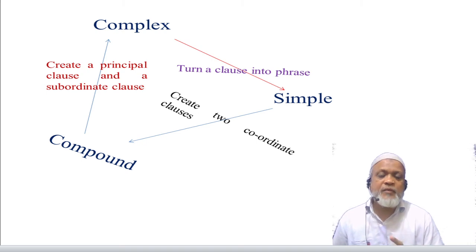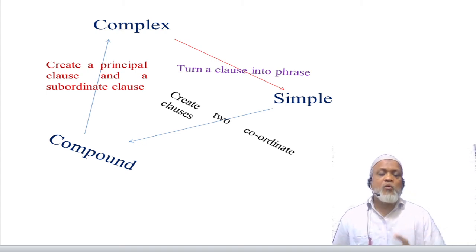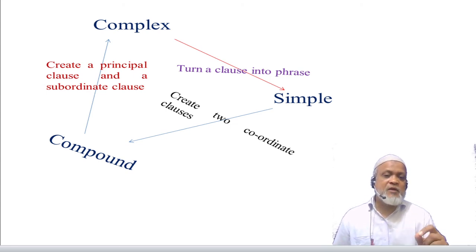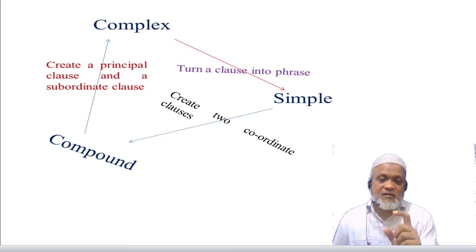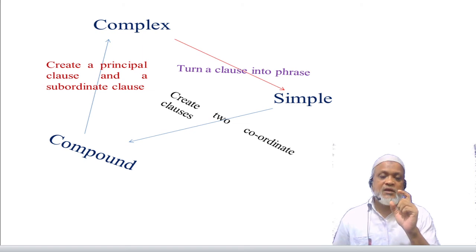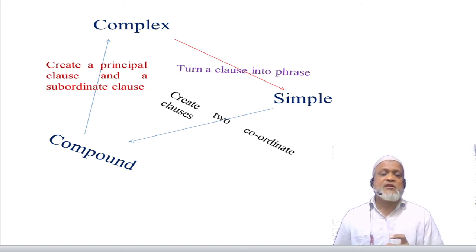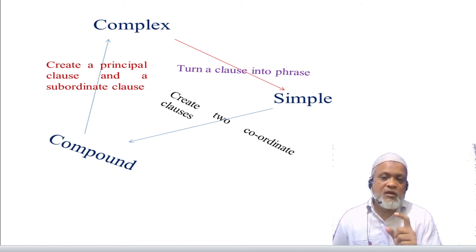How? If we make it simple, we keep one finite verb unchanged and change another finite verb into non-finite and the other clause into a phrase. And if we want to change a compound sentence to complex, we must make a principal clause and a subordinate clause, and we must replace the coordinating conjunction with a subordinating conjunction.